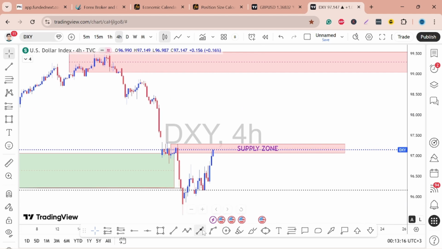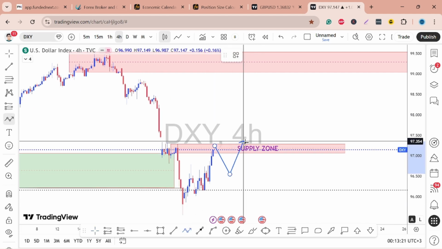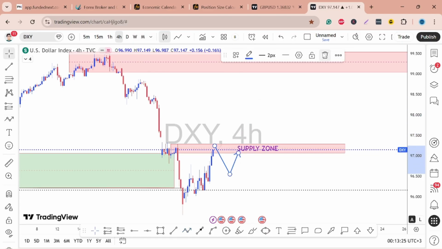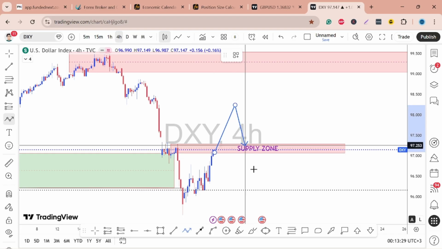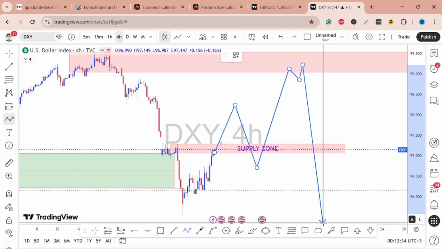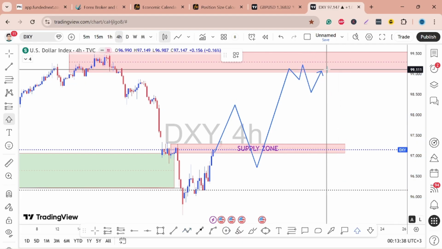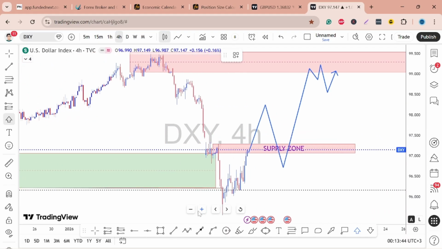So that is why I'm anticipating that if this supply zone does not hold, then we might see the market breaking this level, having a pullback, then continuing here before we get a move to push down, because the price is still in a downtrend. So I think those are two key areas that you should be looking for.